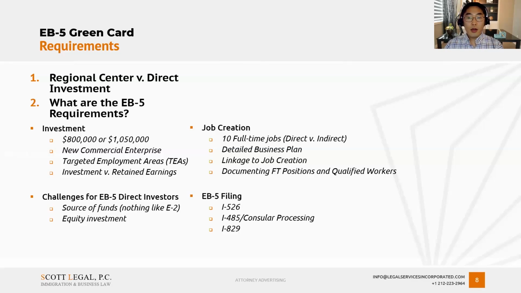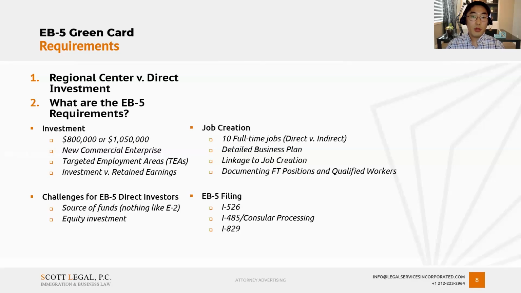The required investment amount is generally either $800,000 or $1,050,000, depending on the location and type of project. If the investment is made in a targeted employment area, which is also called TEA, or in a qualifying infrastructure project, the minimum investment amount is $800,000.